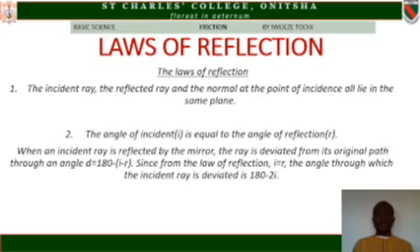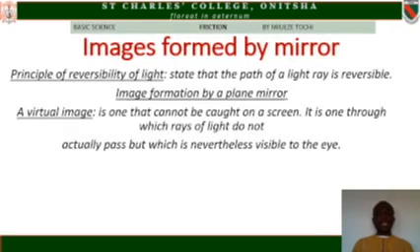Number two, the angle of incidence i is equal to the angle of reflection r. Principle of reversibility of light states that the path of a light ray is reversible.